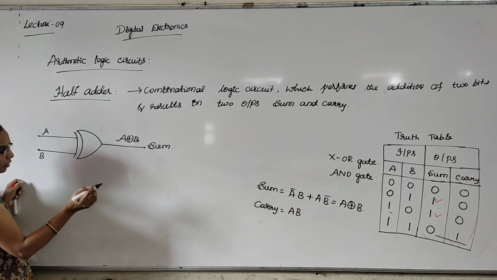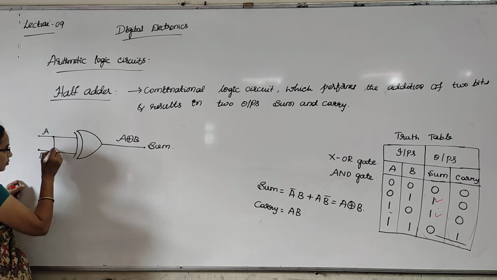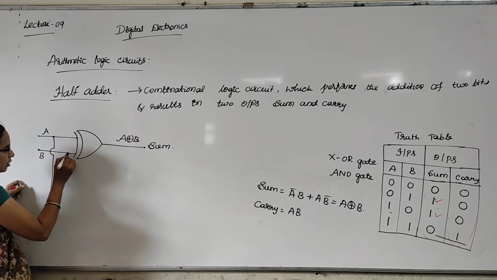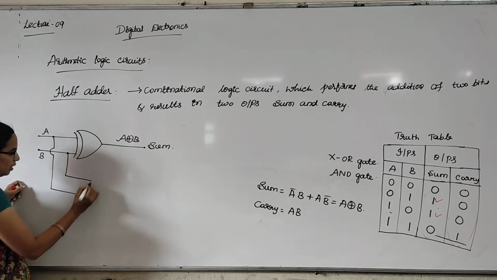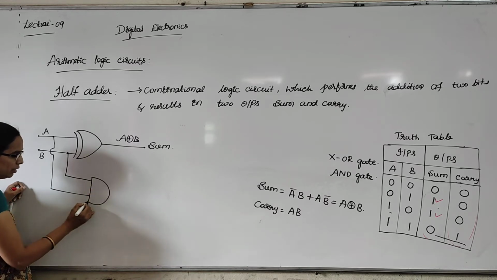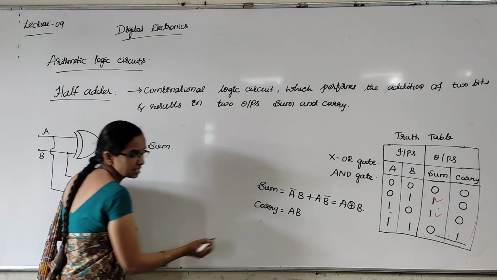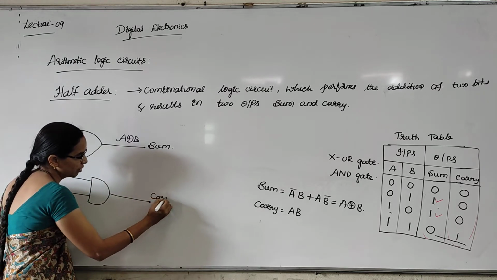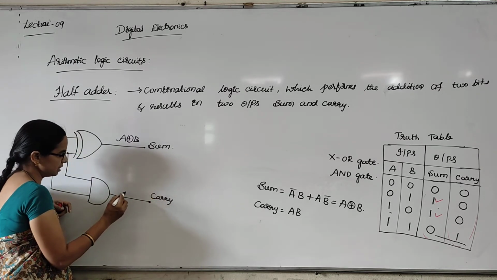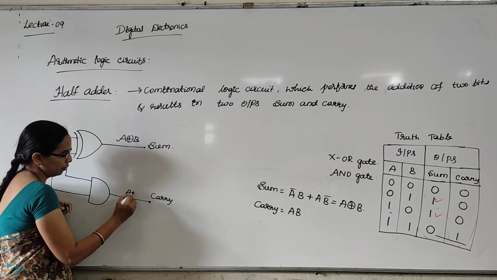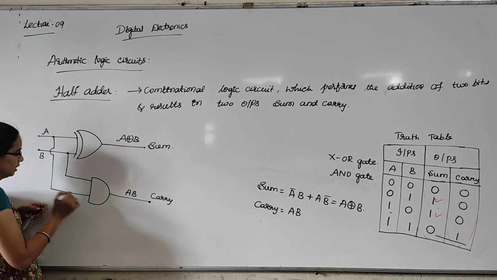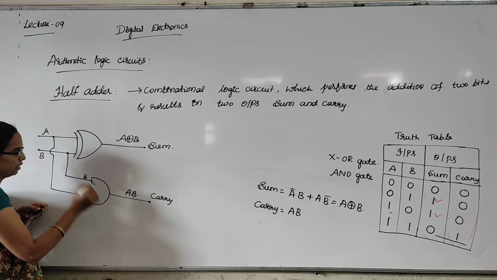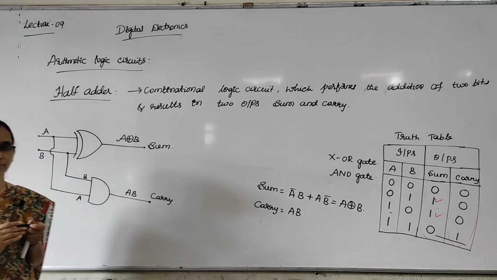For carry, we want an AND gate. AB is nothing but A and B. So, we want one AND gate, and that will be the carry output, that is AB.